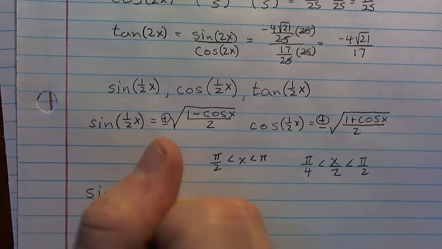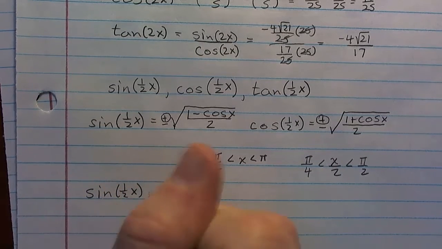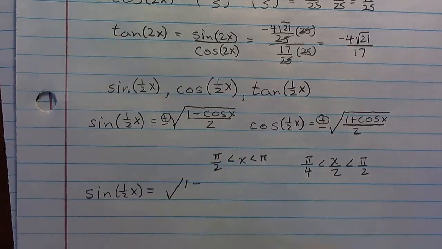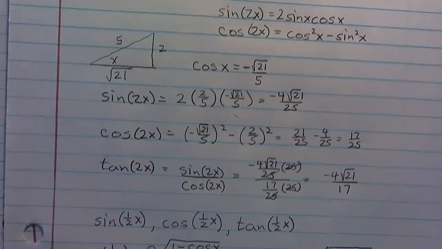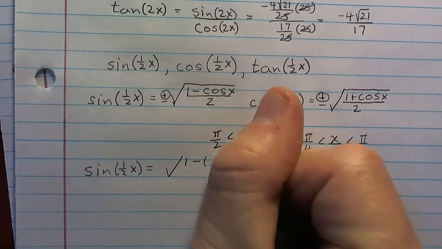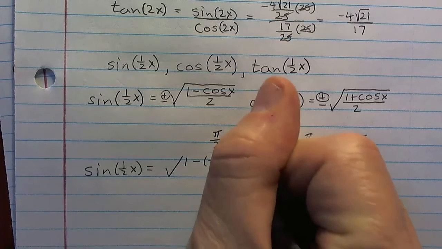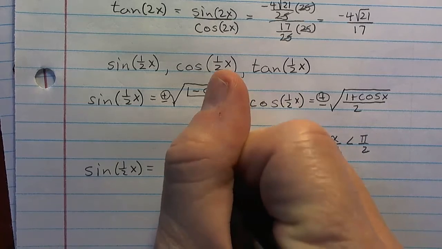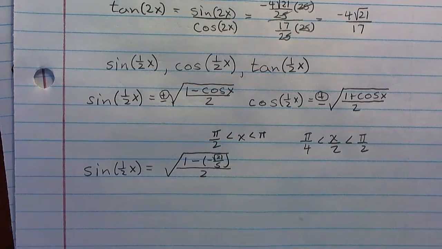We've got sine 1/2 x equals the square root of 1 minus, now remember what cosine was. Cosine is negative square root of 21 over 5, all over 2. Okay, now there it is.